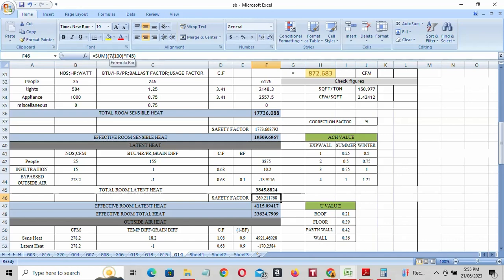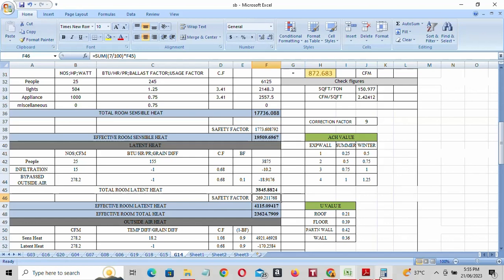We have to do 7 by 100 into this value, which here is 3845. You will get this value.